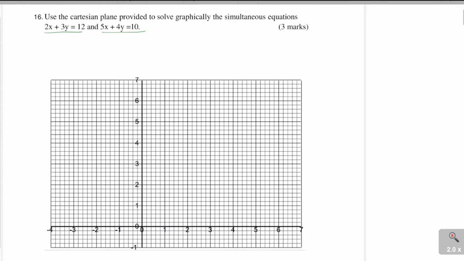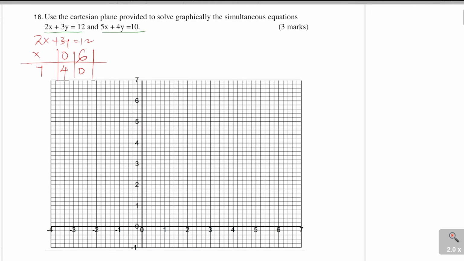So we draw the first line, 2x + 3y = 12. You just need at least 2 points to draw that line. You have to choose suitable points. When x is 0, y will be 4. Then when y is 0, x is 6.